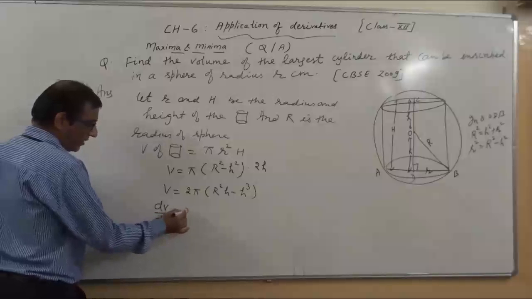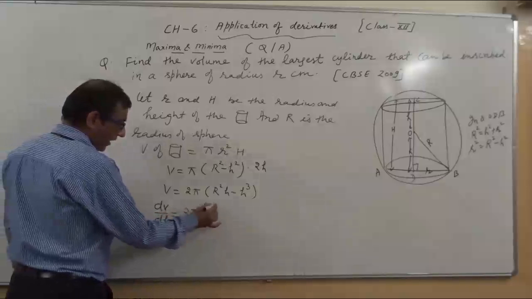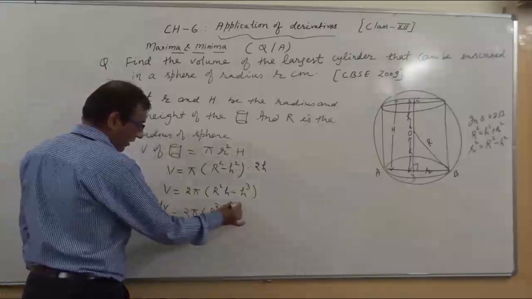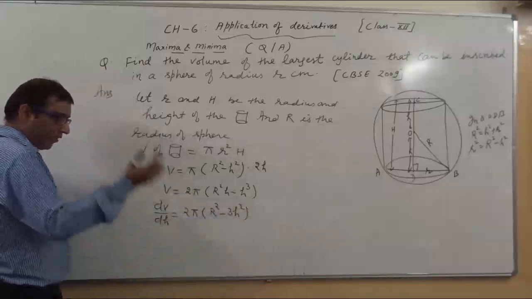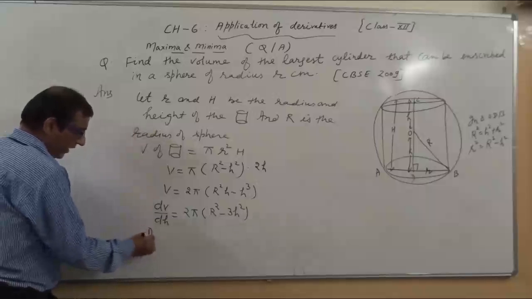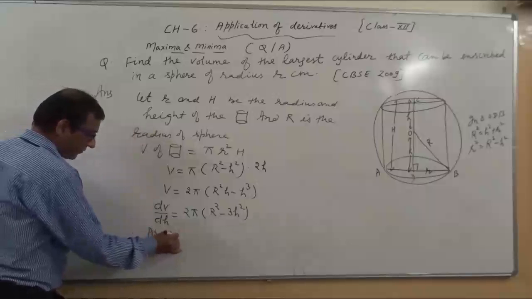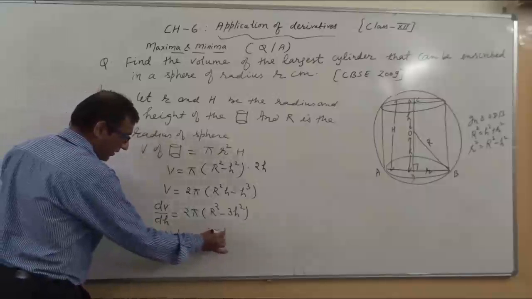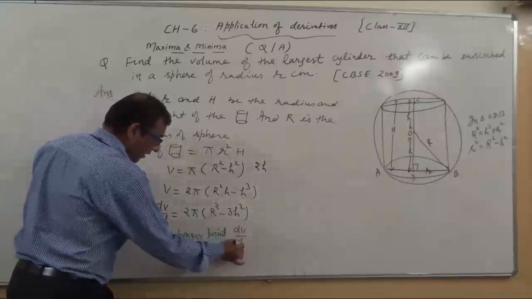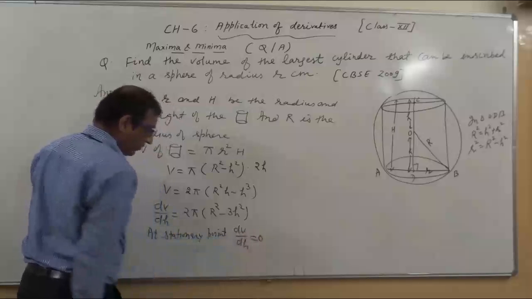So what we will get? 2 pi (R square minus 3h square), right? Now we will go with the steps of maxima and minima. So at the stationary point, we can say dV upon dh equals 0.